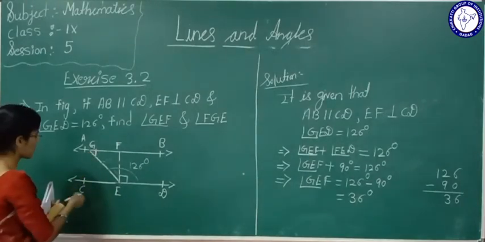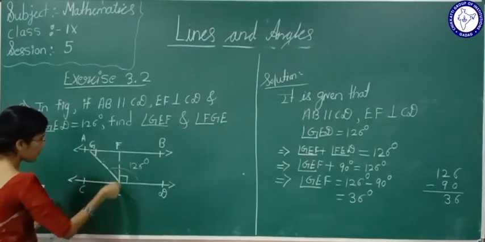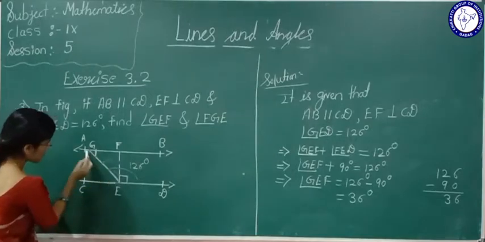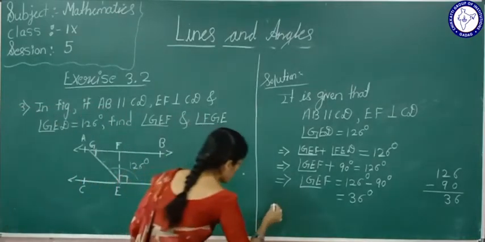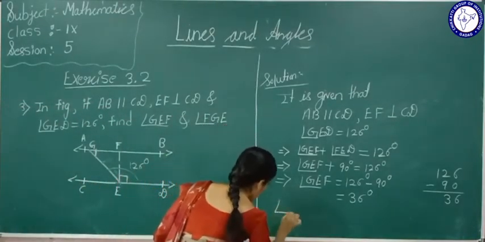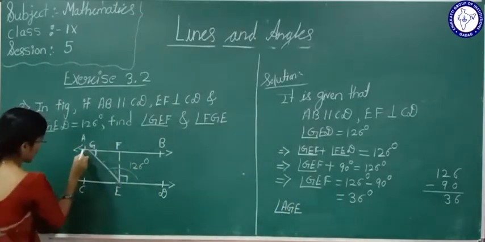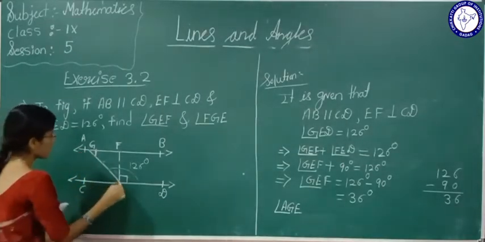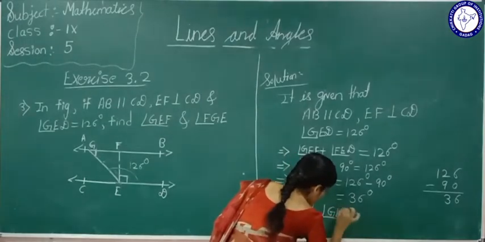See here. Here AB and CD are two parallel lines and this line is acting as a transversal. So observe here, angle AGE and angle GED.